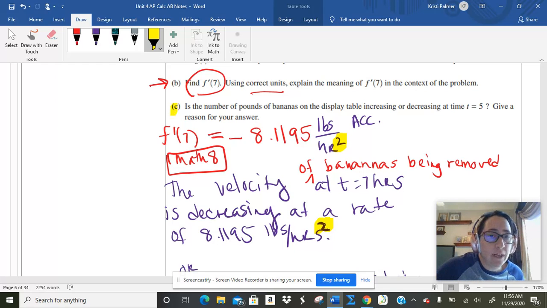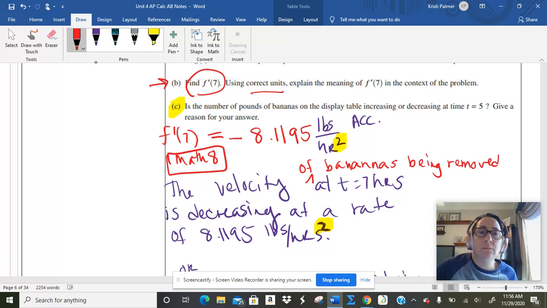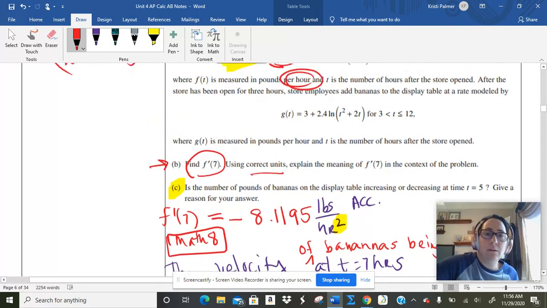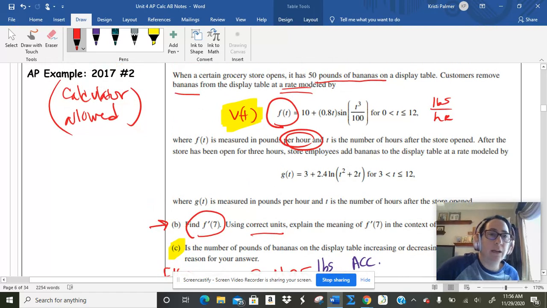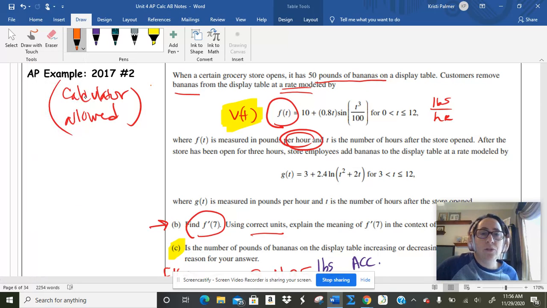And then let's go ahead and do part C. Try it and then pause me. Okay, so hopefully you are ready to unpause me. Let's go to orange here. So here, this is the customers removing, and then this is the employees adding.